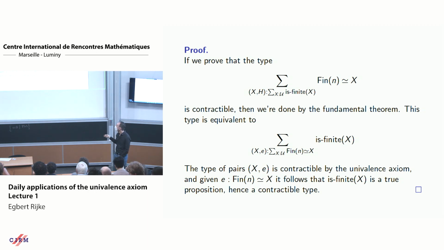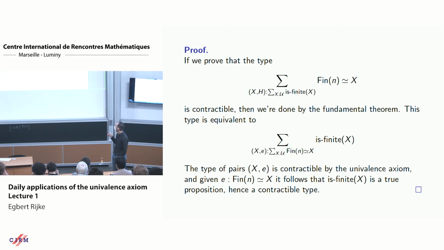Then we get our theorem, because if we take x to be fin n, that's where we apply this, with x being fin n, it will give that the identifications on fin n to itself are equivalent to fin n to fin n. So that's why we apply the fundamental theorem.